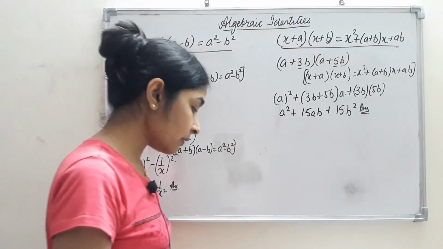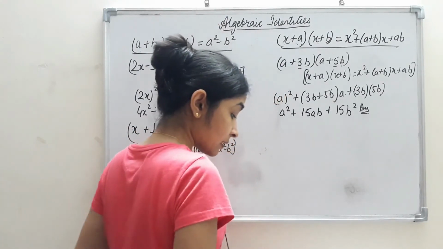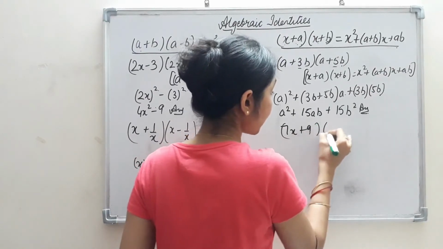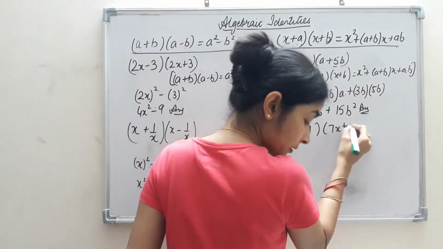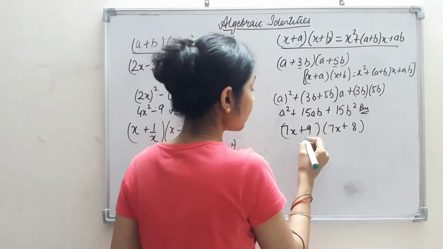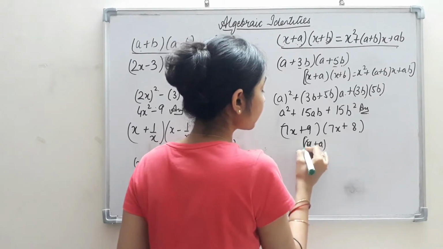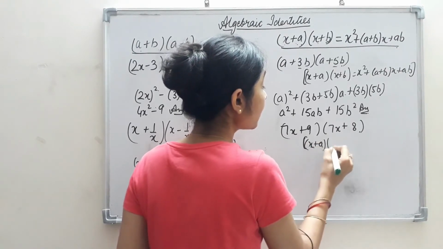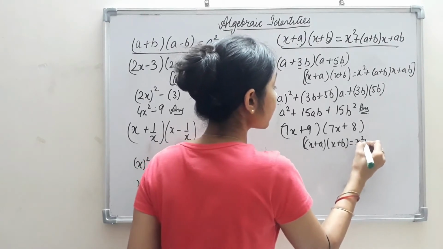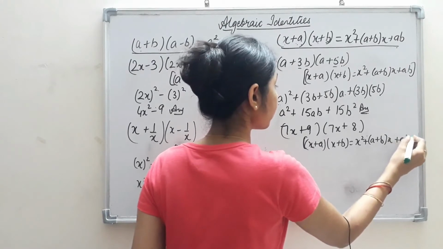Let us see one more example related to it, that is (7x plus 9) multiplied by (7x plus 8). Again the same identity that we are using, (x plus a) multiplied by (x plus b) is equal to x square plus (a plus b)x plus ab.